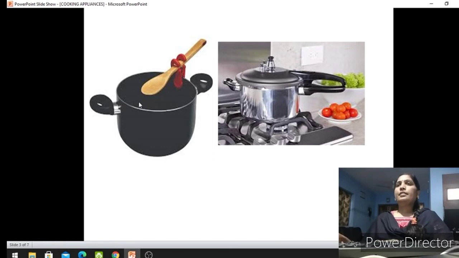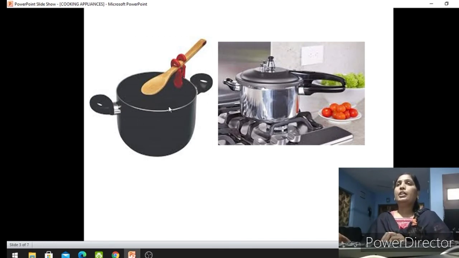Some pots are made of stainless steel and some are made of non-stick cookware. People feel non-stick ware is better than stainless steel. Why? Because we use only little oil in non-stick cookware.